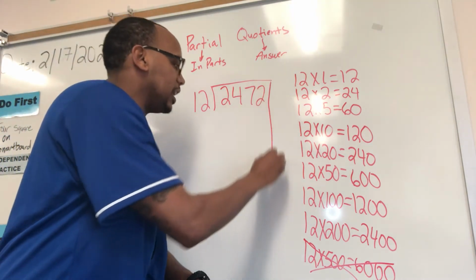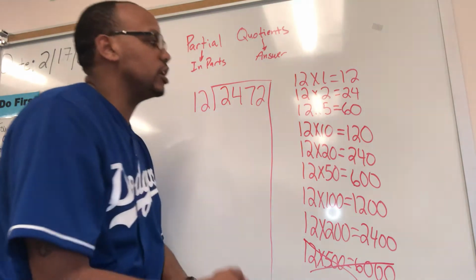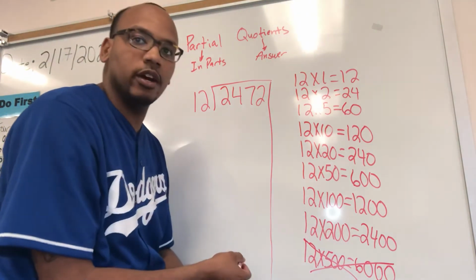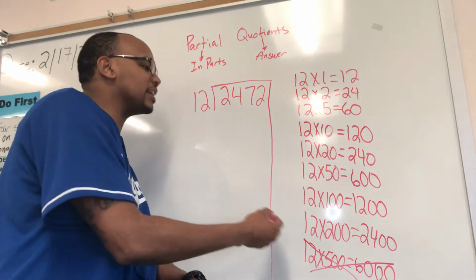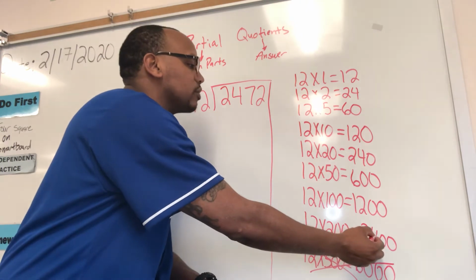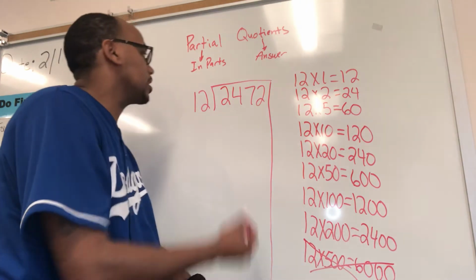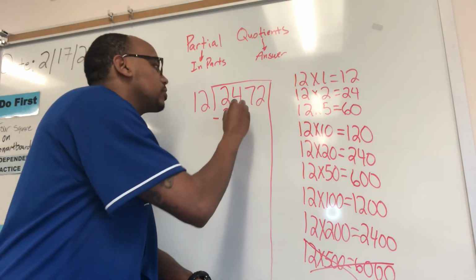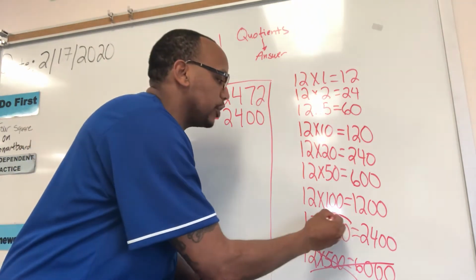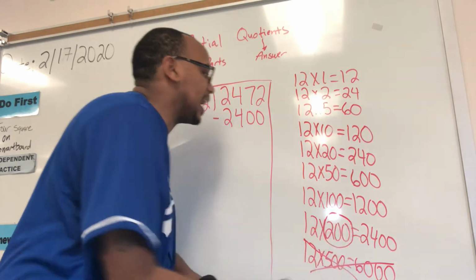Now, again, it's magic numbers because it's no division. You're going to repeatedly subtract these multiples of 12, right? So the biggest chunk I can take out is 2,400. So if I subtract 2,400, I have to put the groups of 12 outside.